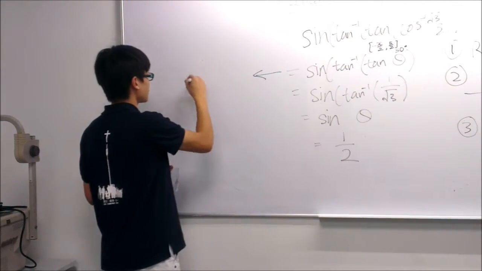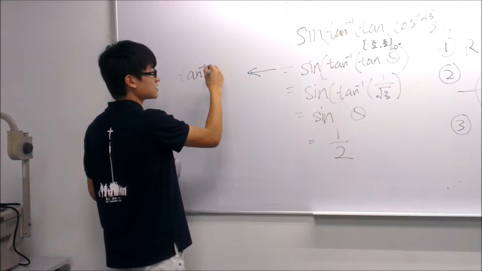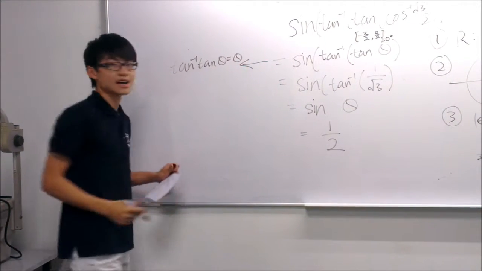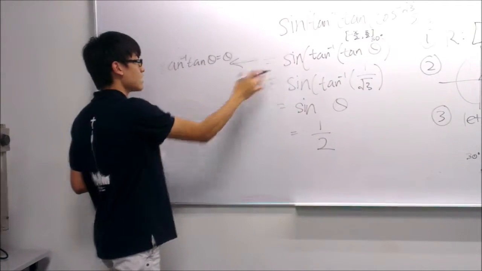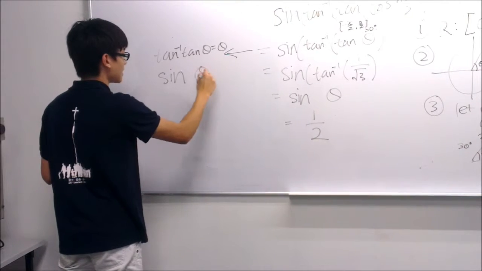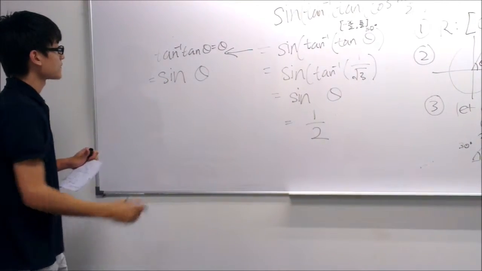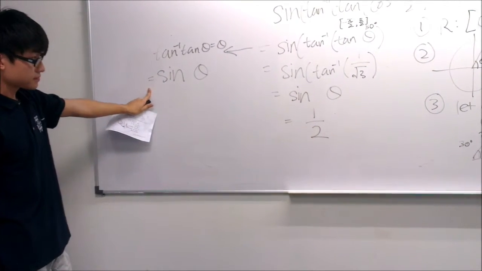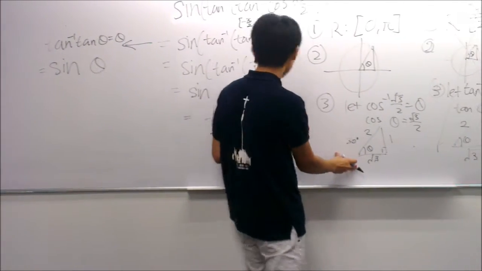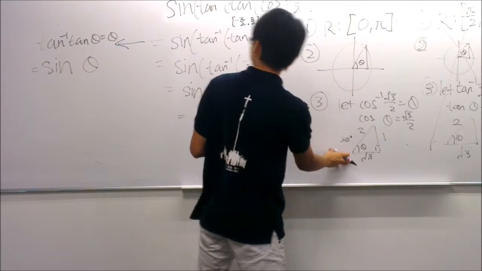So straight away, arctangent tangent theta equals theta. In this case, we write this as sine theta. For sine theta, again we refer to the right angle triangle.